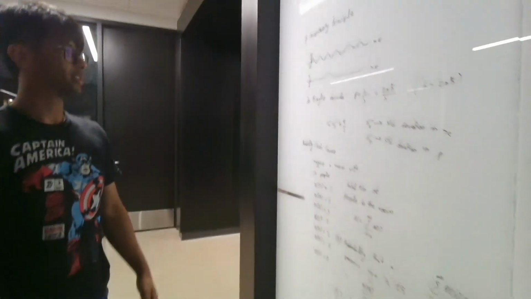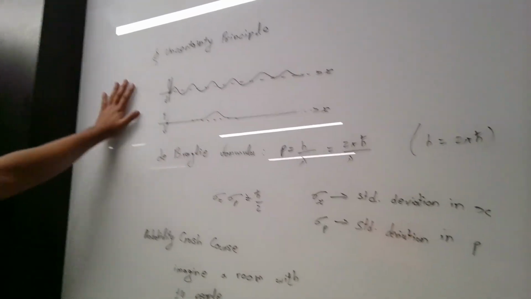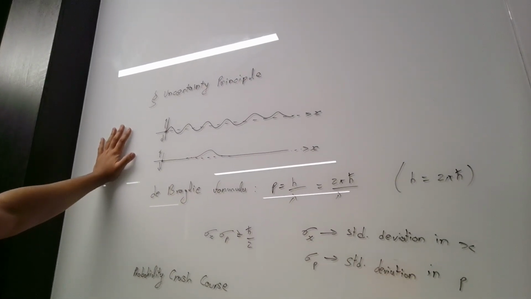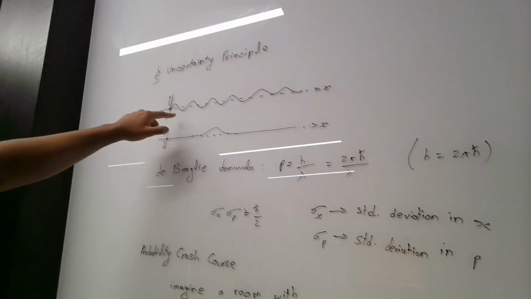Moving on to the uncertainty principle. This has got to be simpler than what we were going on about before. But what it says here is, let's say you have a man making waves on a string, perpetually.